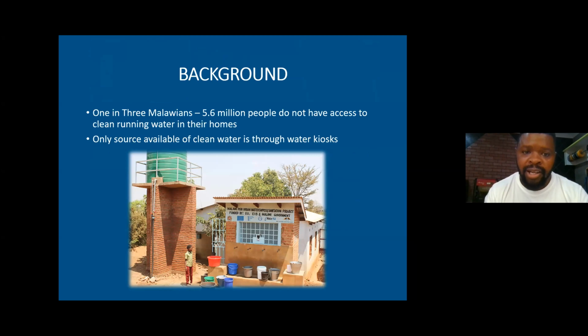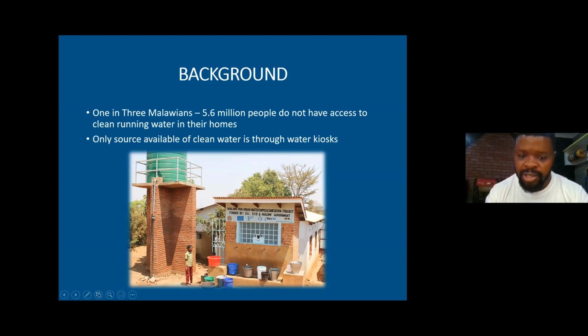So in our rural areas, about 5.6 million people don't have access to clean running water. So the only way where they go and collect water is through kiosks. So you can see a communal kiosk here in the picture. There's a kid there with some pails of water to collect.